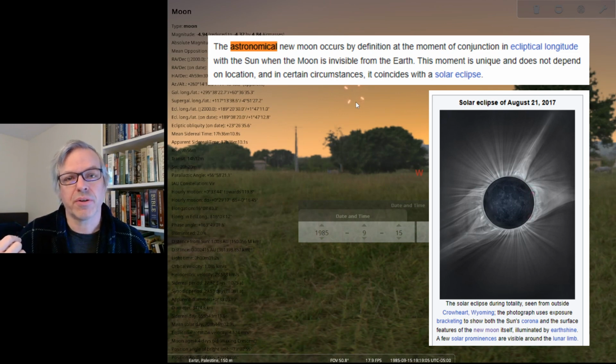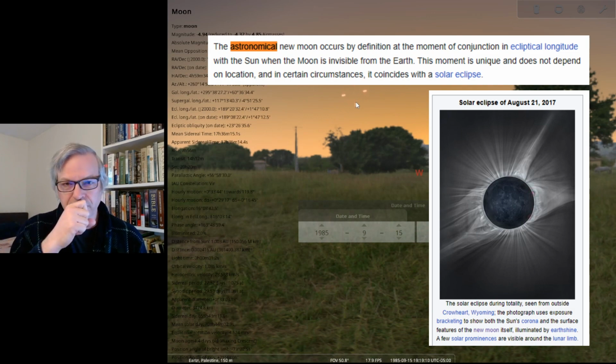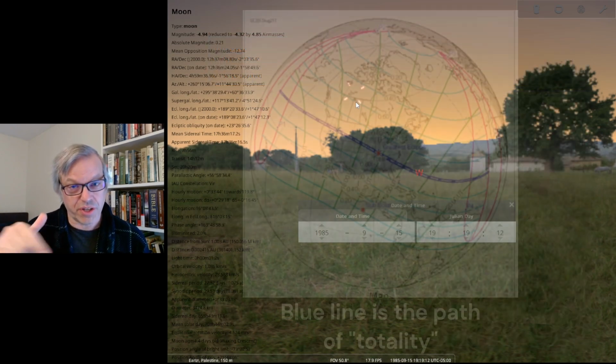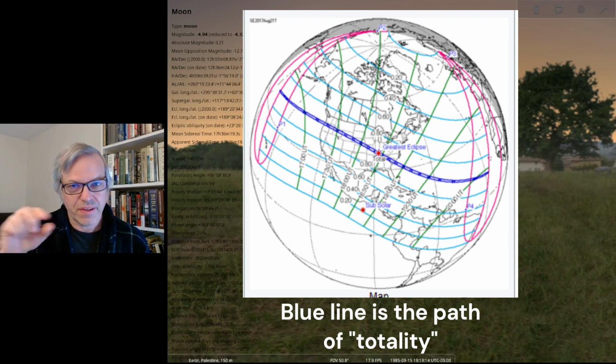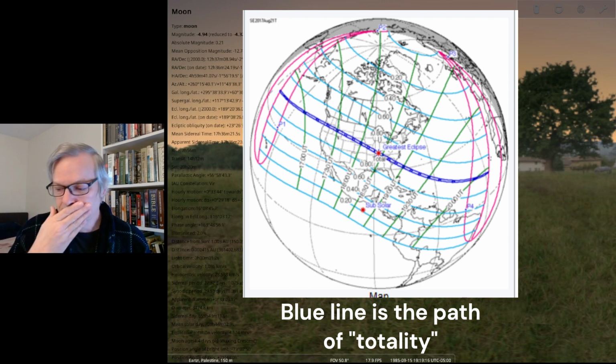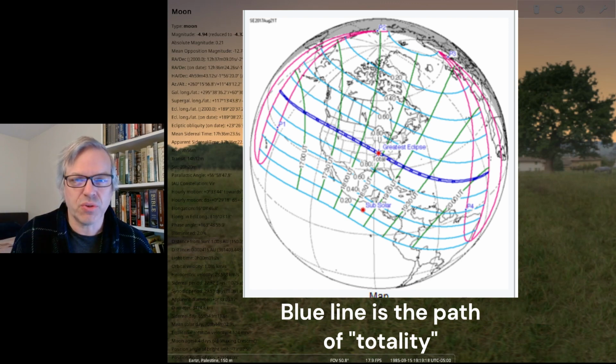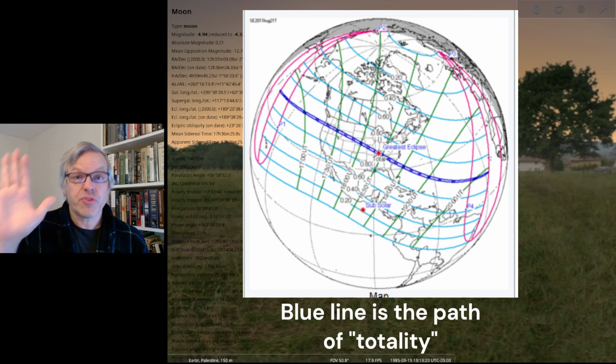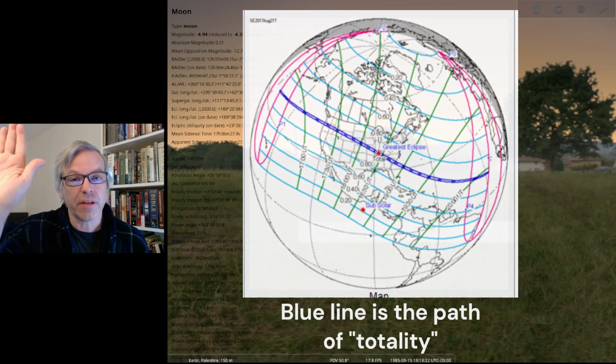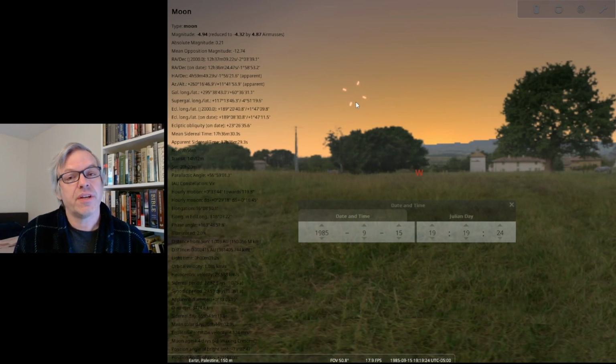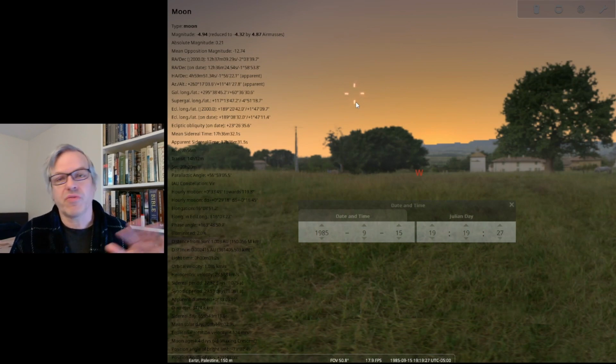We came up here to Oregon to visit my family. We went down south to find the place where it was going to be total, because you have to be in a certain spot. We saw the moon cover the sun, and that created an eclipse. That's a new moon.